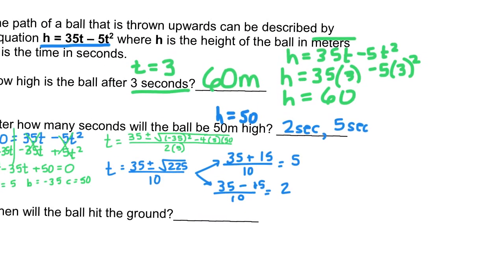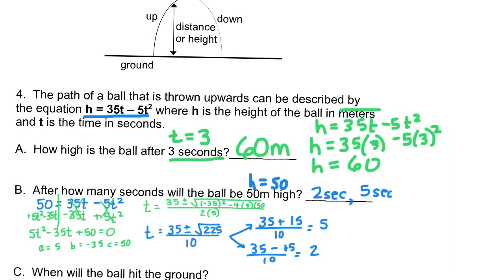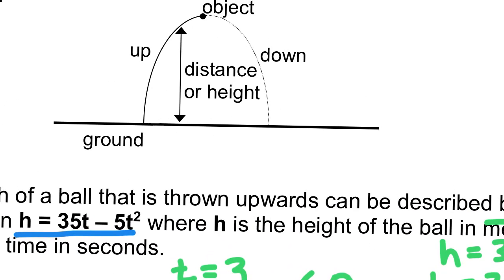So let's look back at our picture to see why that could happen. Since this is the distance or the height, let's pretend that this is the height. The height right here is equal to 50 meters. So that would happen when x is equal to 2 and when x is equal to 5.